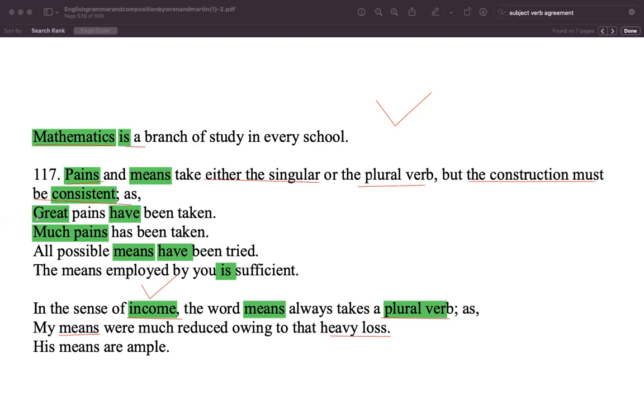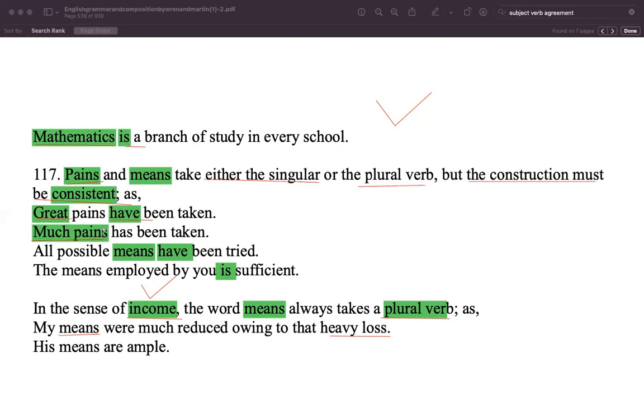Let's look into it. Great pains have been taken. So here pains is used as a means of all kinds of pain, right? You're telling about all the variety of pains that a body feels. Similar to that, much pains has been taken.